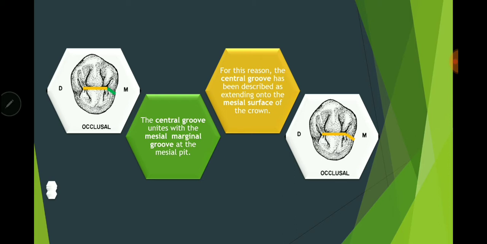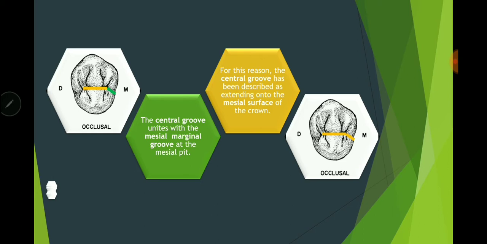All right, so this is a maxillary first premolar, because you have a groove on the mesial marginal ridge, and it's connecting with the central groove.